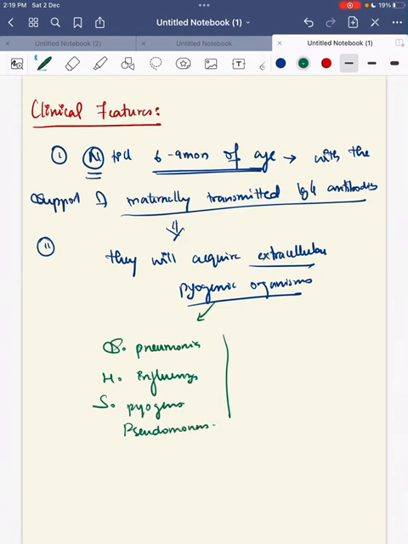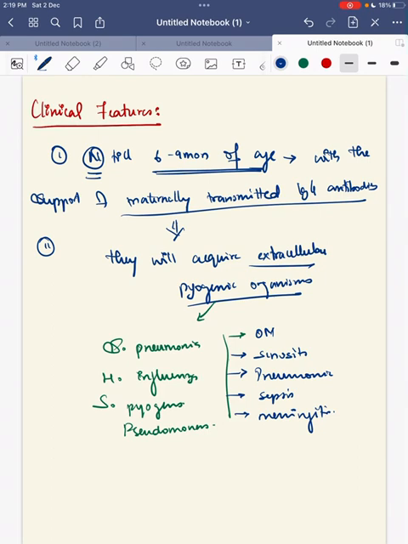These organisms can cause recurrent infections such as otitis media, sinusitis, pneumonia, sepsis, and meningitis.